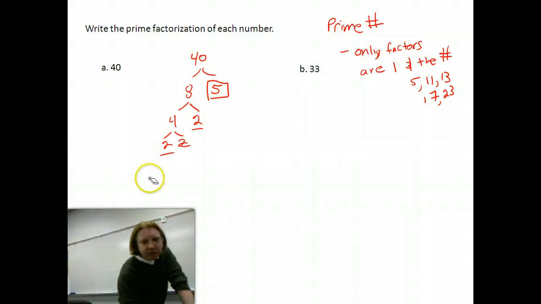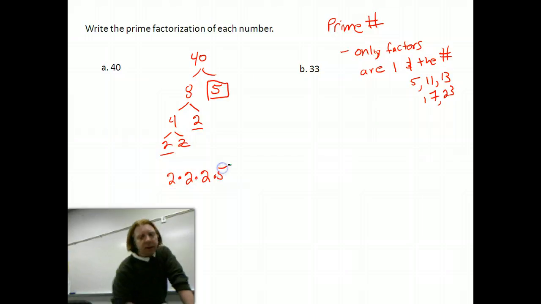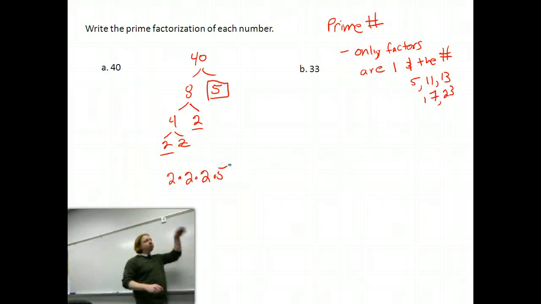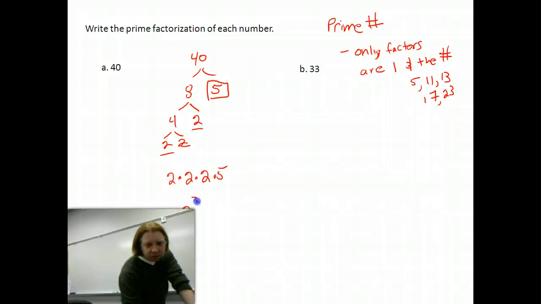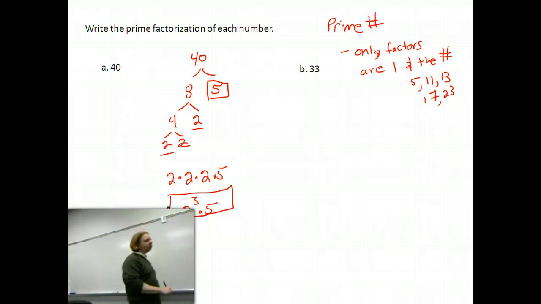Now, we're not actually technically done with our problem yet. We need to write it out like that. So we take all of our numbers, group them up, and the last step in the prime factorization is to write it with an exponent.